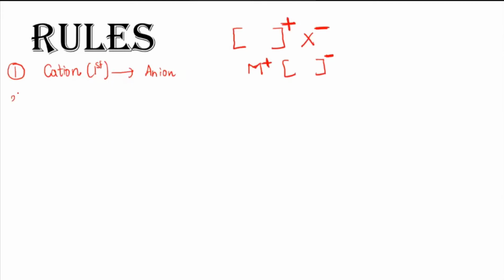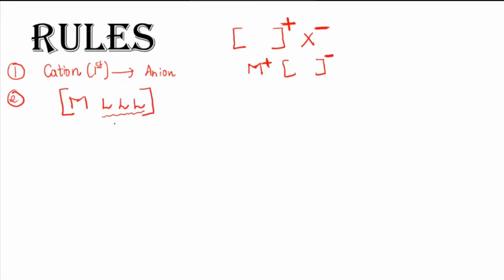Now the second rule. Once you have identified this, you go inside the coordination sphere. Towards the extreme left you will always write the metal, and then you will write the ligands. If you have different ligands, then you should arrange these ligands according to their alphabetical order.